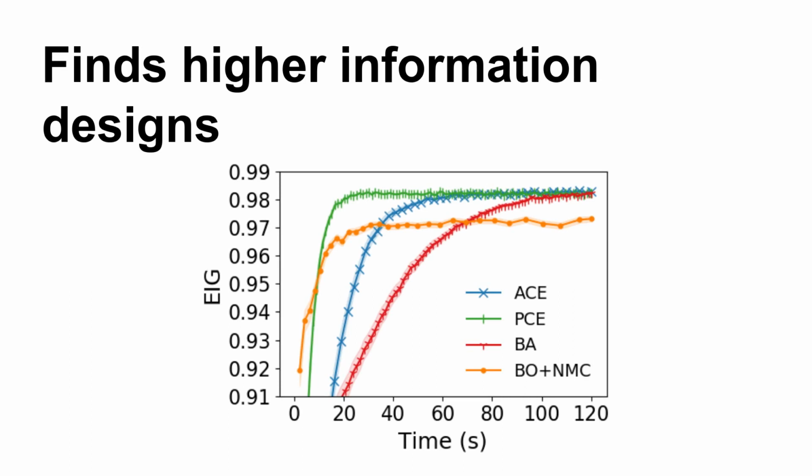And here are some experimental results. So on the simple death process, we see that we're able to find high EIG designs quite efficiently. This is in about 2 minutes. And Bayesian optimization can't find the best optimum.